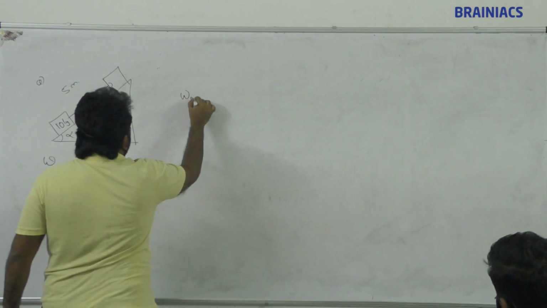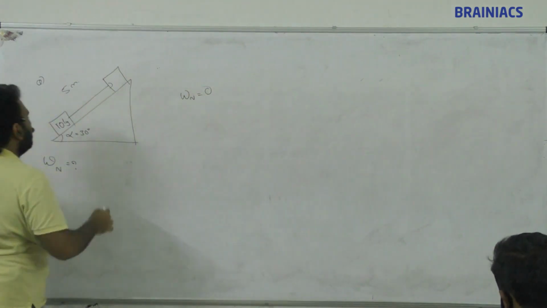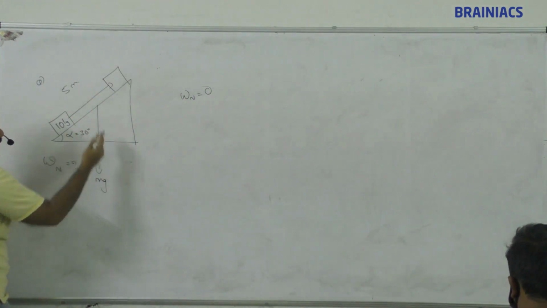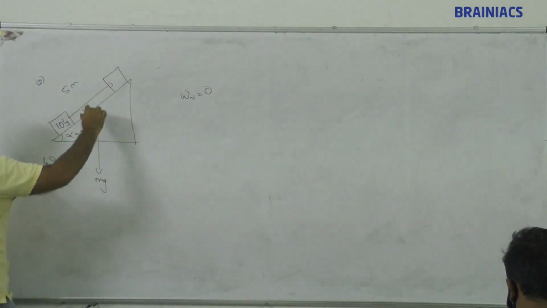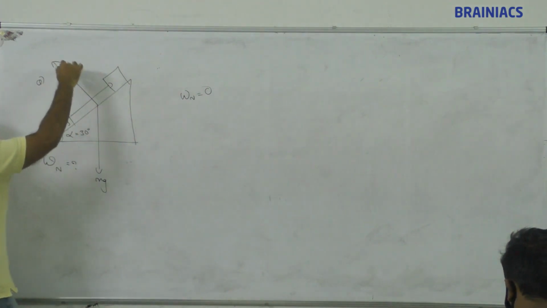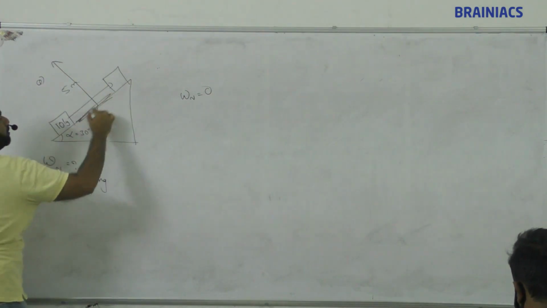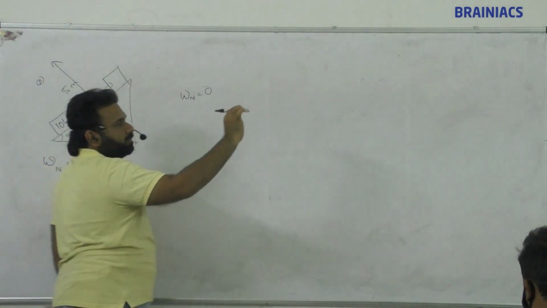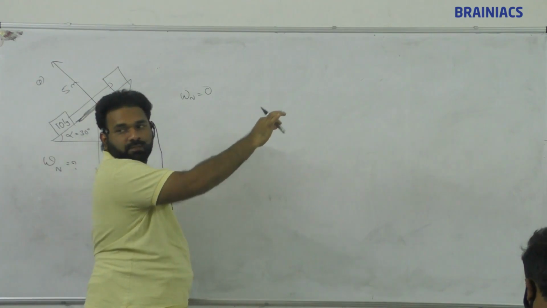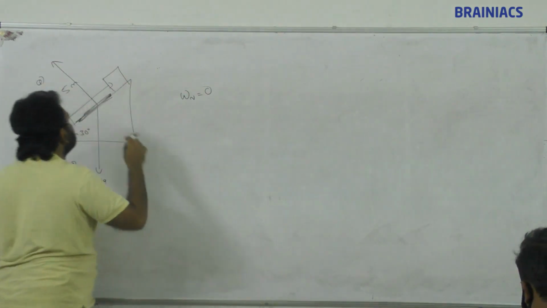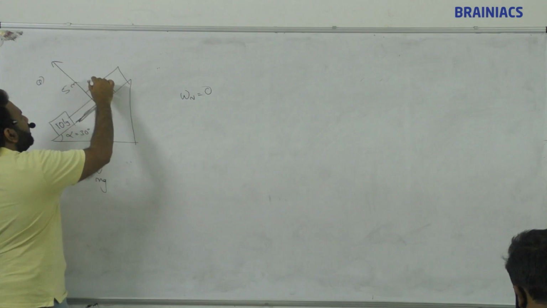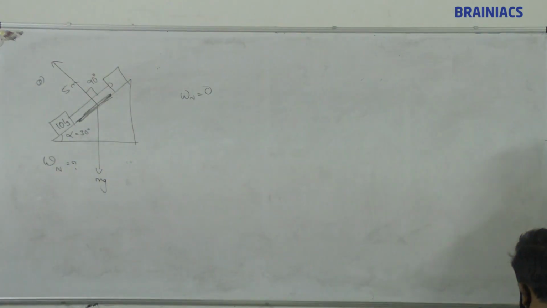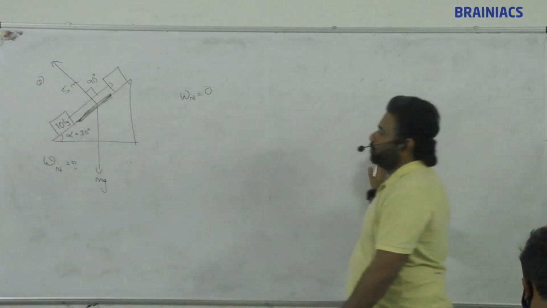Work done by normal reaction will be 0. Why? Because mg was acting exactly towards the ground, but normal reaction will be acting perpendicular to the plane. If this is the plane, this will be the normal reaction. So for normal reaction, the angle with the plane will always be 90 degree. Correct? Understood. Right.